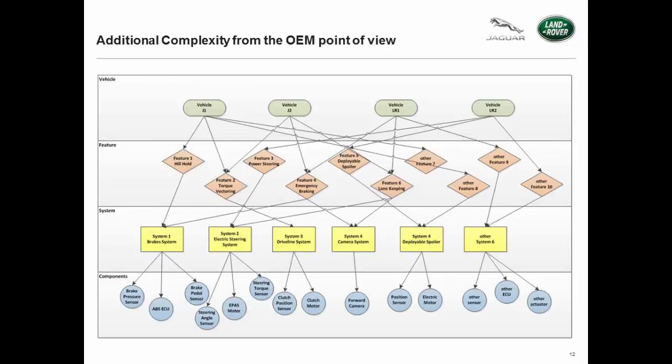They might be implemented across different systems. And again, as I said earlier, each system then consists of components, so it might be a sensor, an ECU, an actuator. Sometimes these elements will be from the same supplier across the board. Sometimes for commercial purchasing reasons, they might come from different suppliers.